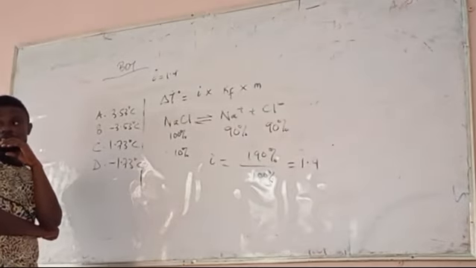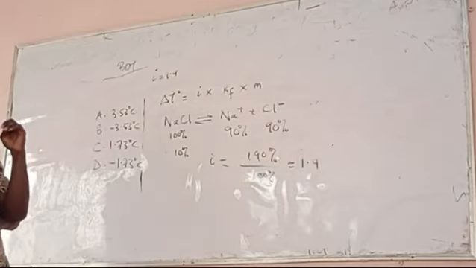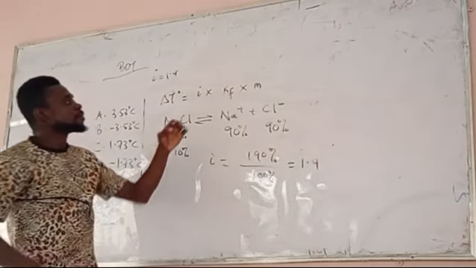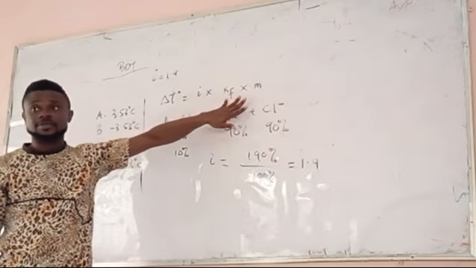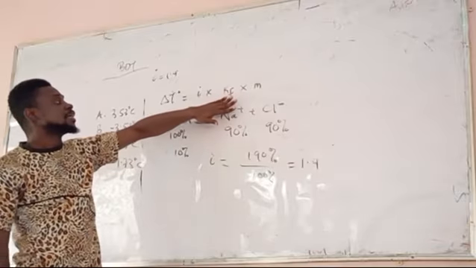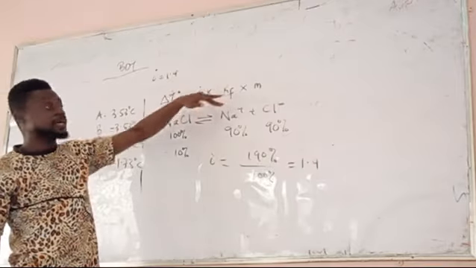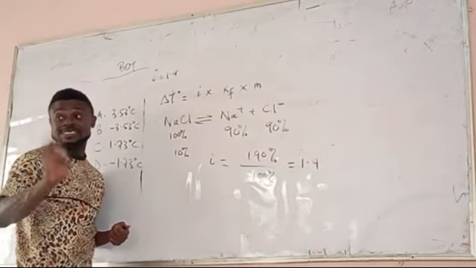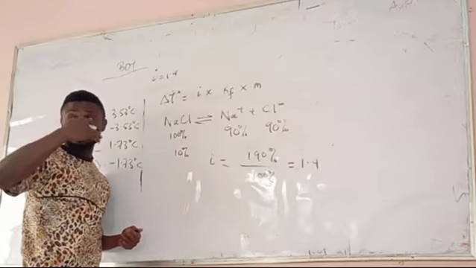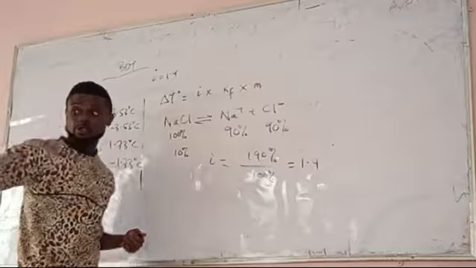Are we together? Good. Now, here, this for water is 1.86. Is that clear?